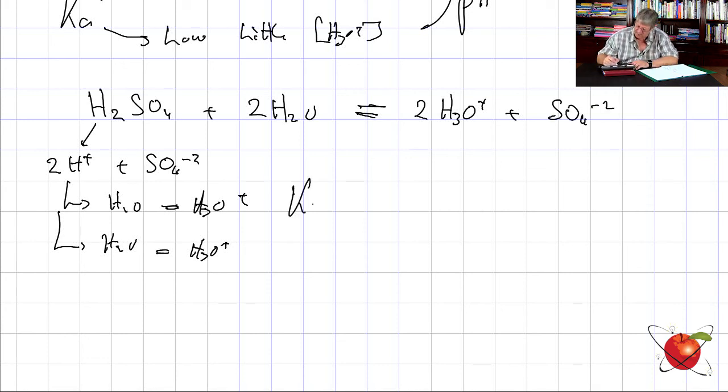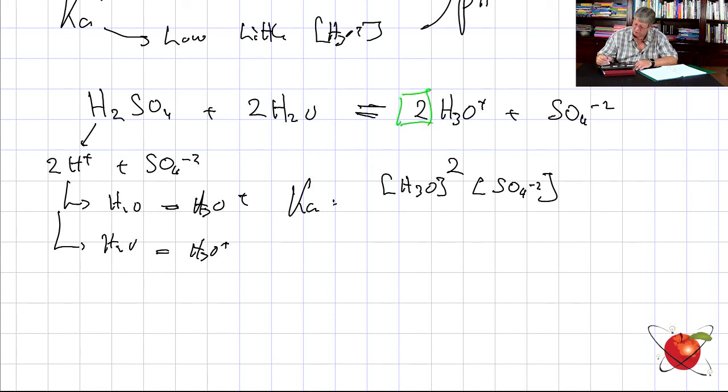If I do Ka for this, remember I'm going to have the concentration of H3O squared multiplied by the SO4 minus 2. That minus 2's got nothing to do with it. It's the figure in the front, the mole ratio. Because what I am saying is 1 mole of this plus 2 moles of that is going to go to 2 plus 1.